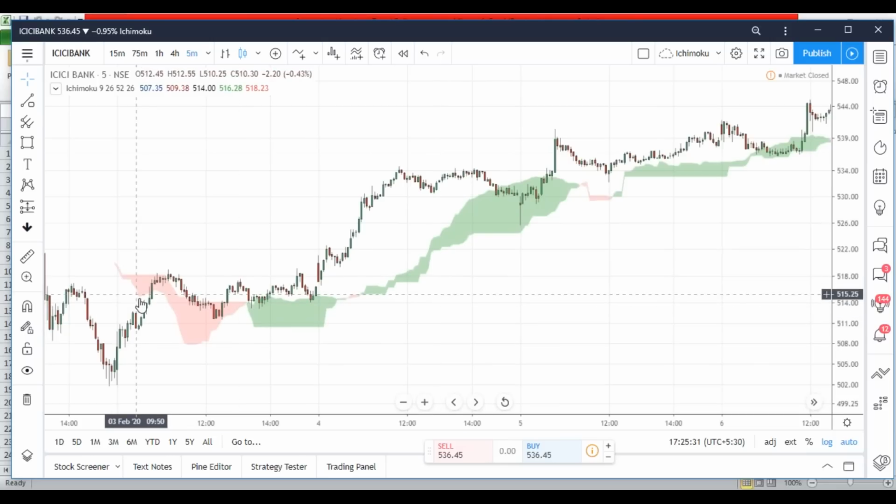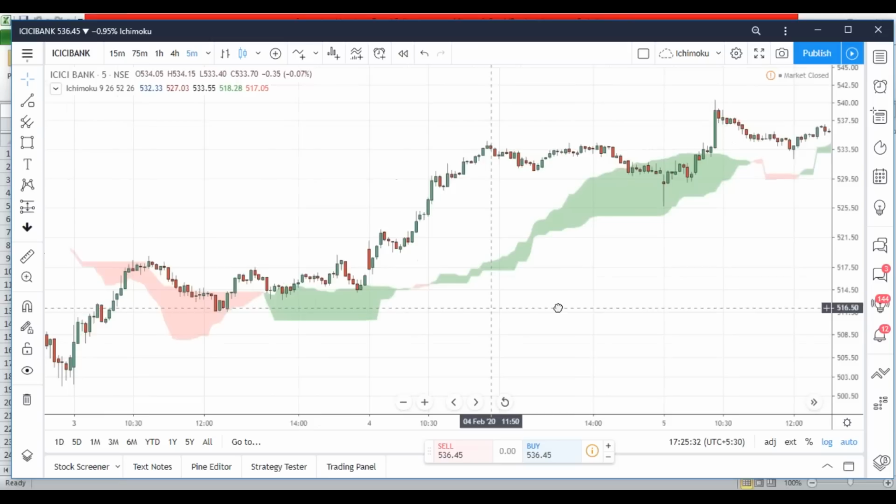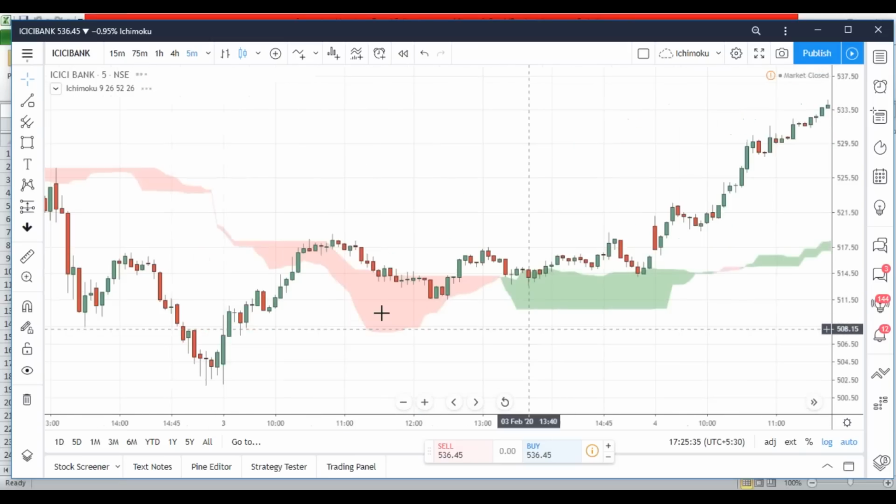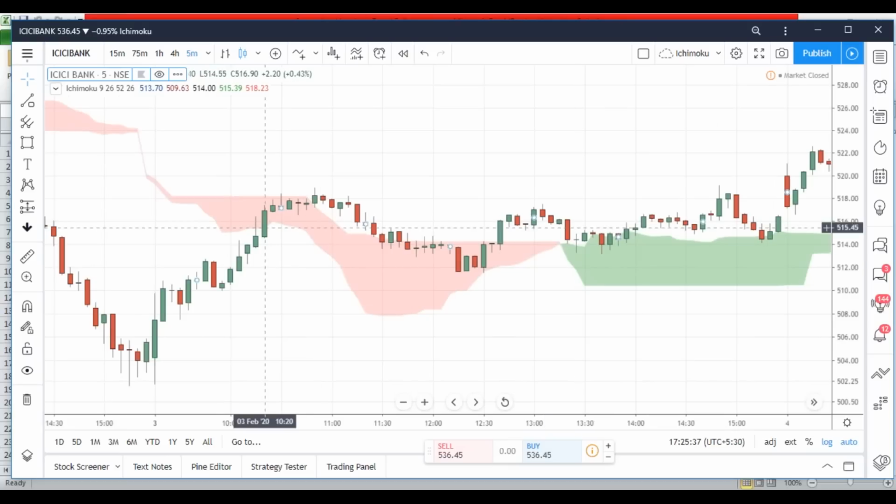Whenever price closes above the cloud, that candle high should be used as the long entry. Here this candle closed above the cloud, and the long entry above this candle high did not fill. Then here we got a long above this candle high, and my stop loss is immediately below the cloud low.